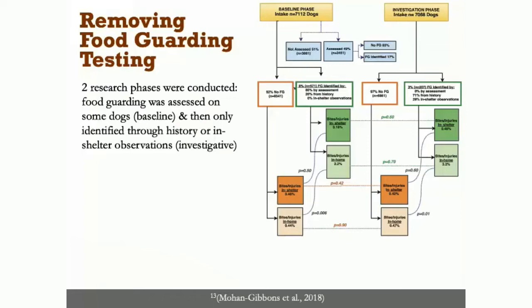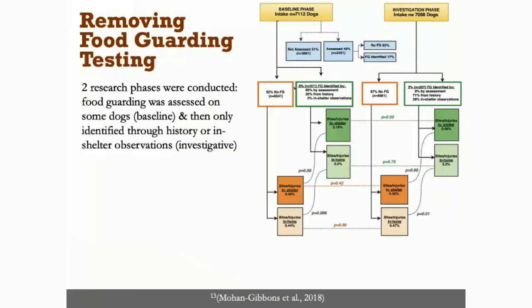So this is on the left-hand side. We're looking at, hey, you had food guarding, you didn't have food guarding, and then their likelihood of injuring somebody in the shelter, injuring somebody in the home. And then they removed the food guarding test, and then looked at dogs. They had 3% that were identified in the shelter with food guarding.